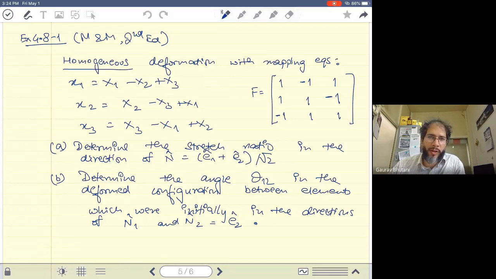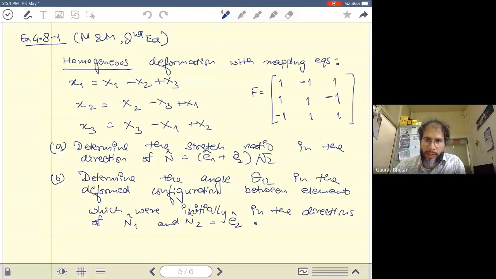Don't confuse this: homogeneous deformation doesn't mean that small x1, x2, and x3 should not be dependent on capital X's. Of course, they have to be dependent because it's a mapping. But if the deformation gradient tensor F is independent of capital X1, X2, and X3, that means the deformation is homogeneous.